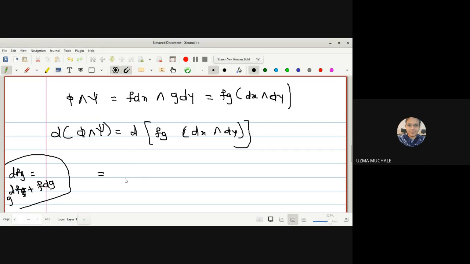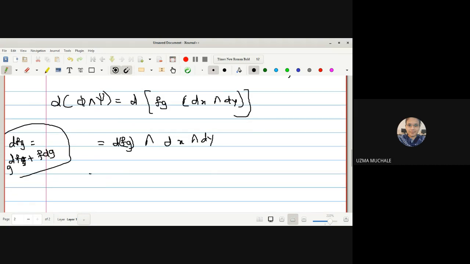So what I will do, this is d(fg) wedge product with, as we are finding the exterior derivative, wedge product with dx, wedge product with dy. Correct? Now what I will do, this is f as it is, the derivative of dg plus g as it is, derivative of f, wedge product with dx, wedge product with dy.